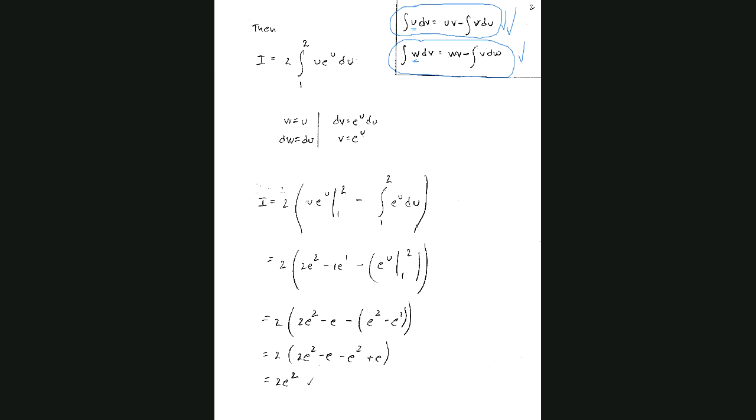Okay, good. Now I'm going to use the second integration by parts formula here. We're going to let w equal u, and e to the u du will be dv.